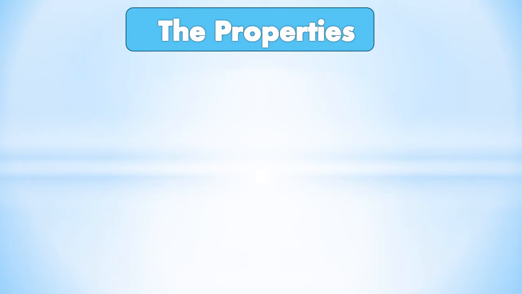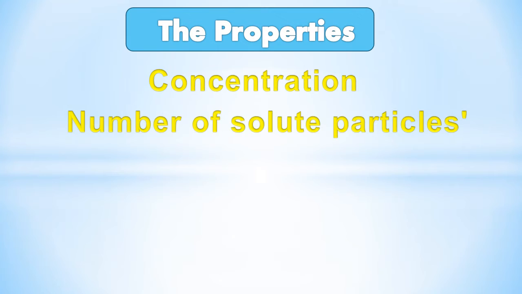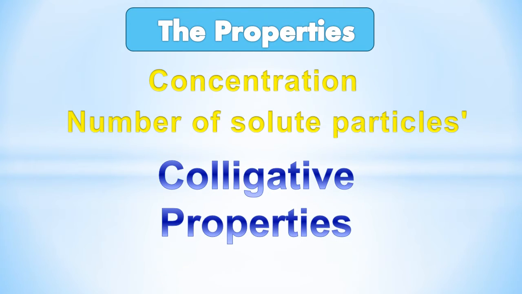A few solution properties, however, depend only upon the total concentration of solute species, regardless of their identities. The properties that depend on the number rather than the nature of chemical particles under study are called colligative properties.